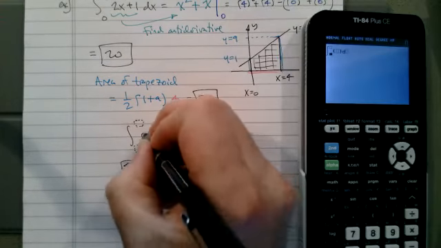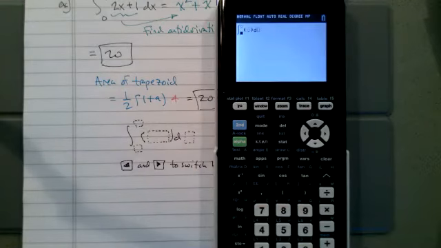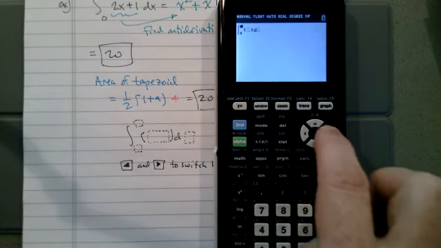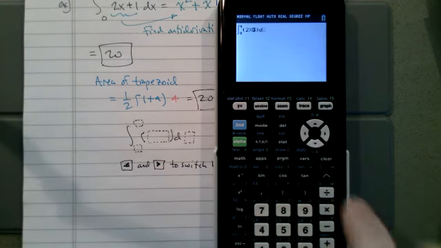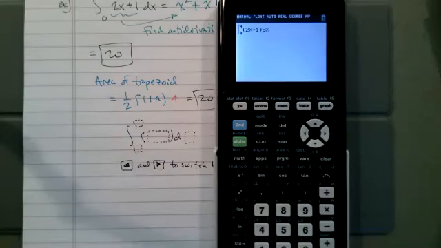In the settings, not in the settings, in the mode, which is the settings button on the calculator. So if this is what it looks like, it starts you off with the from A to B part. So I would just say do the integral from 0 to 4 of 2x plus 1 dx.